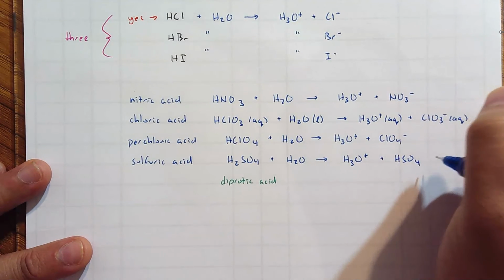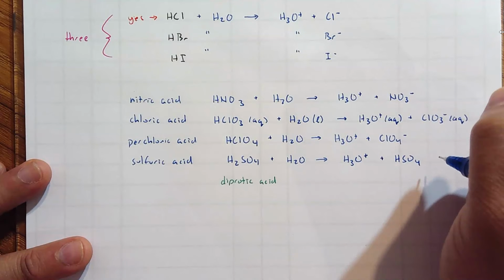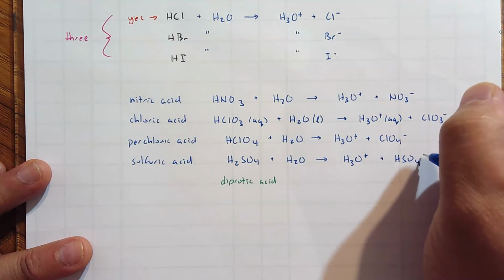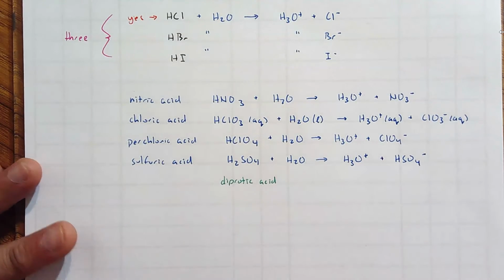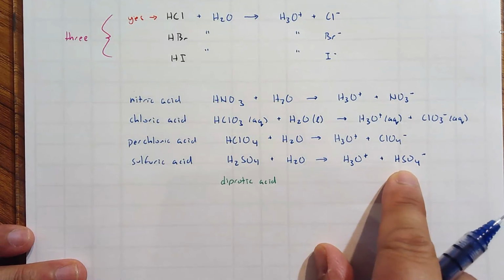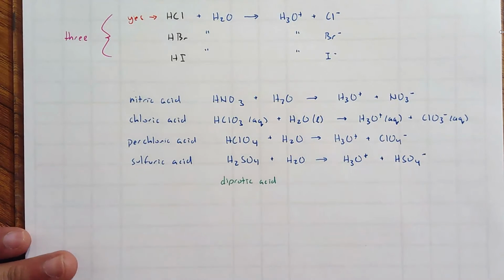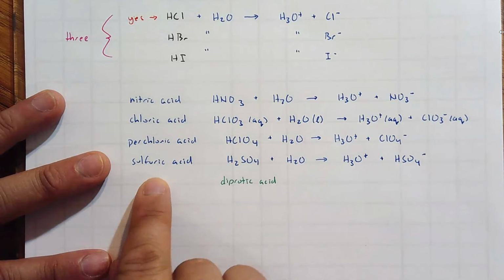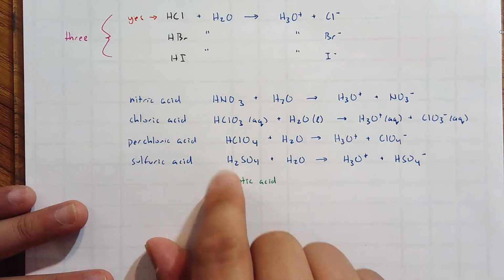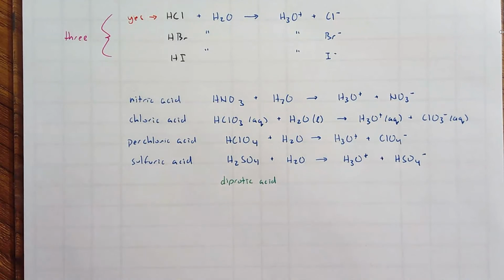So that is HSO4 minus. Now, it is true this can lose its proton to give us SO4 2 minus, but when they talk about sulfuric acid being a strong acid, they're really referring to the first proton being 100% released.